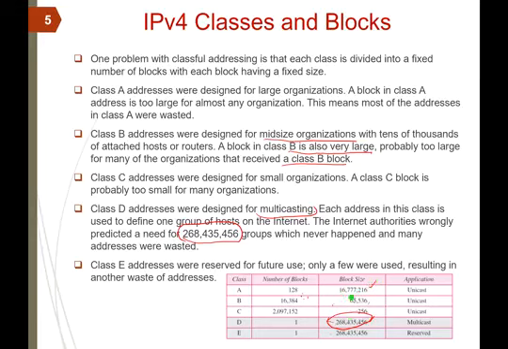Because companies, even large companies, will not have this number of hosts. Even with class B, you may not have this number, so you waste many of these IP addresses. Class E addresses were reserved for future use. Only a few were used.